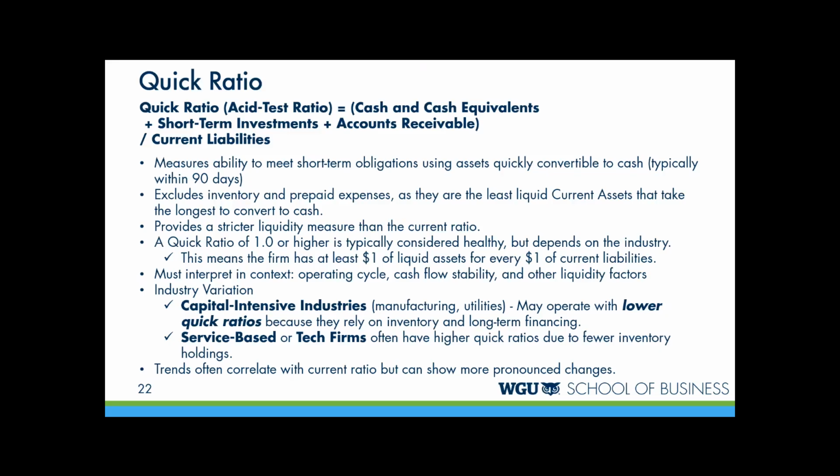Now, we would expect that the quick ratio is going to be highly correlated with the current ratio, but this is going to show more pronounced changes because, again, we're dealing with only the most liquid assets in this ratio. So it tends to be more volatile.